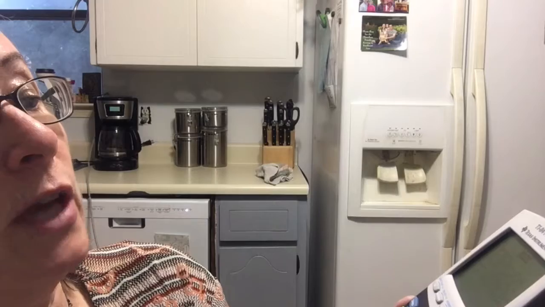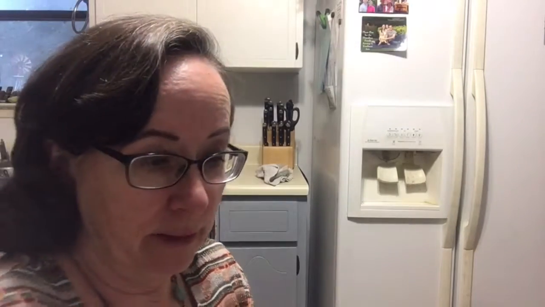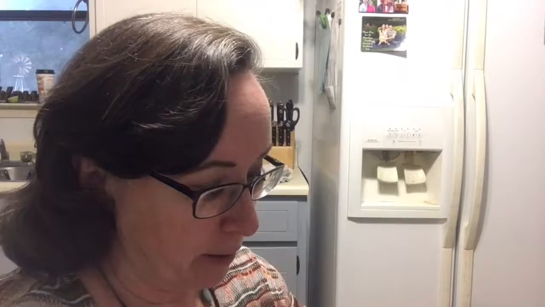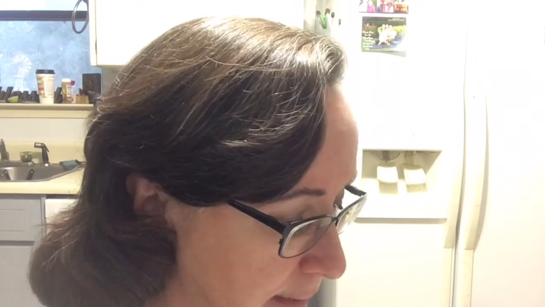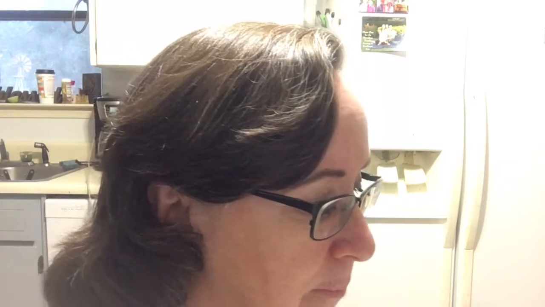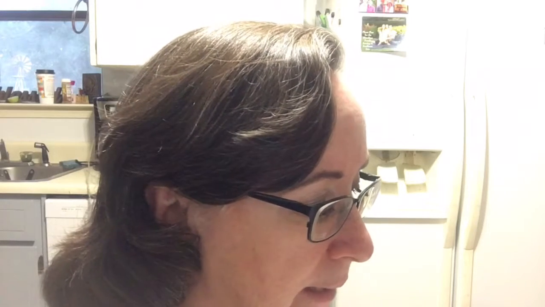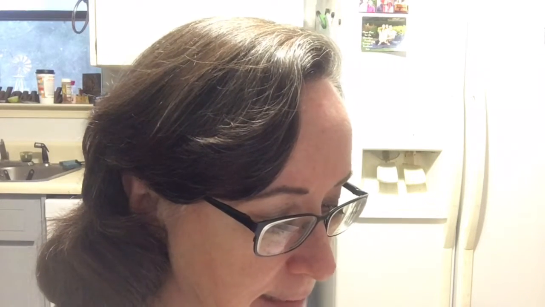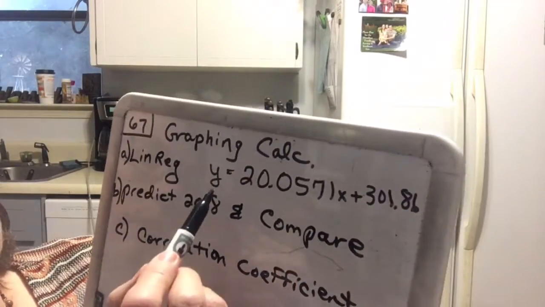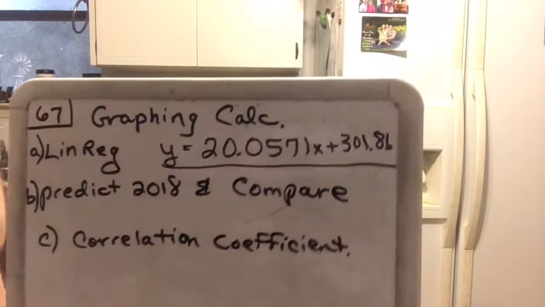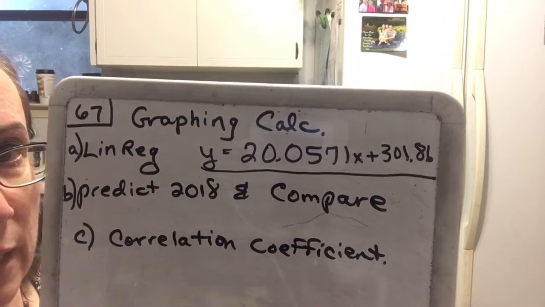Okay? So when we're putting our line down, we would take our A from our calculator screen, and our A is 20 point, so we're going to say Y is 20.0571x plus, and then my B is 301.86. Okay, so there is my actual line that comes from the Linreg on the calculator.